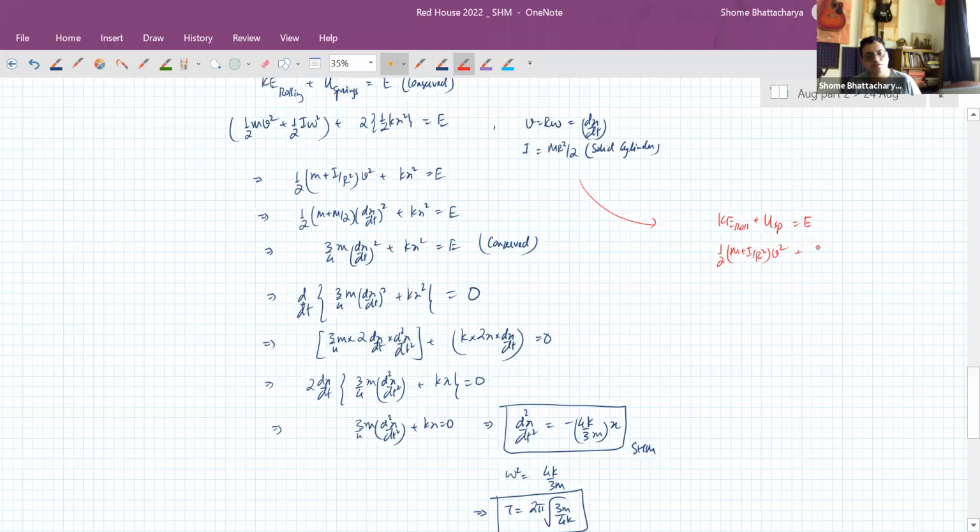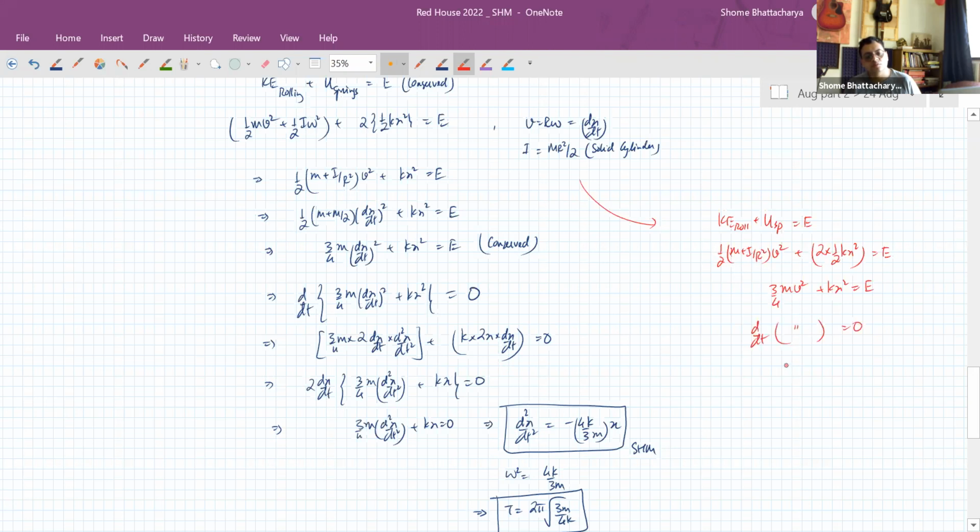So this will become 3 by 4 mv square plus kx square is constant, and then differentiate this.